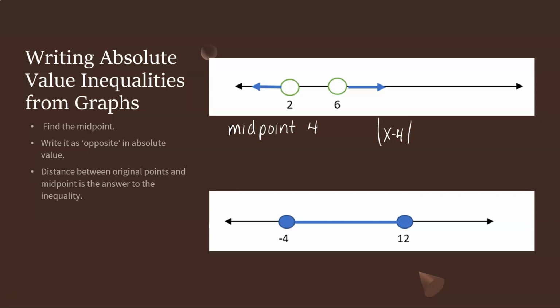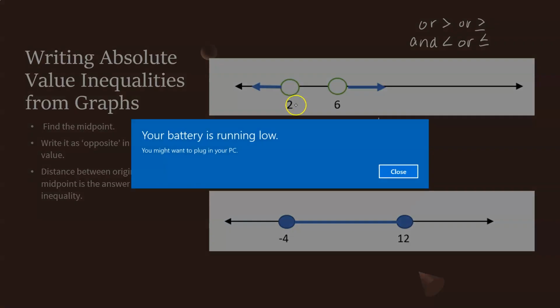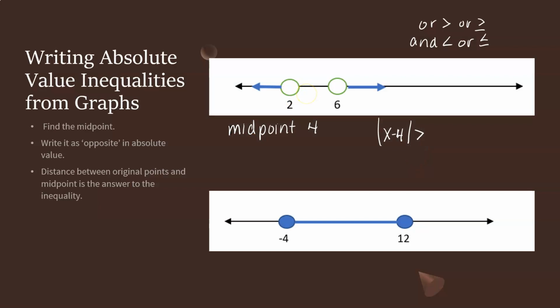So I'm going to make that greater than sign because it's an OR. ORs are greater than, or greater than or equal to, ands are less than or less than or equal to. And then if you go from an end to the midpoint, so if you go from 2 to 4, that is 2. So distance to the midpoint is 2. So there's your absolute value inequality.